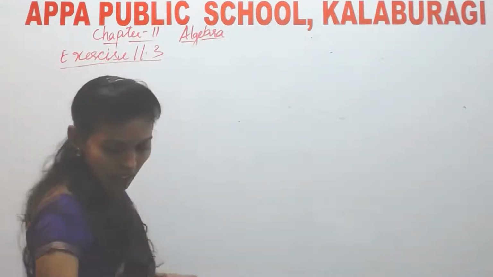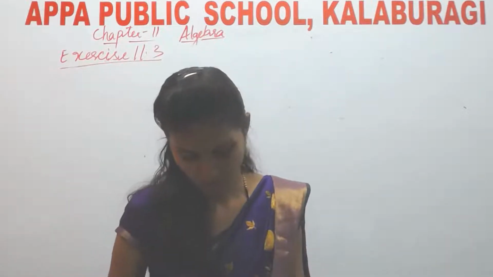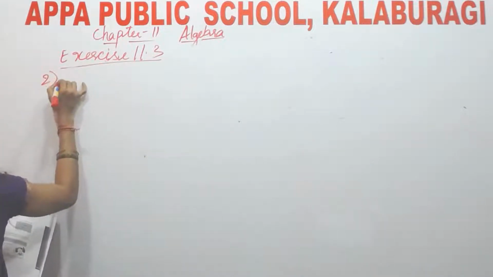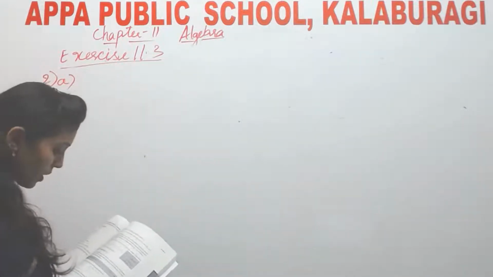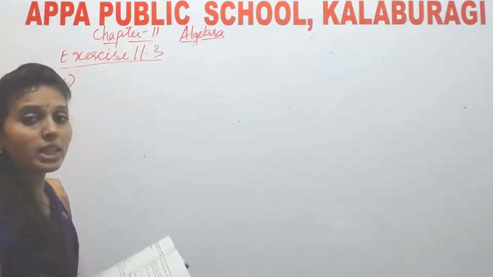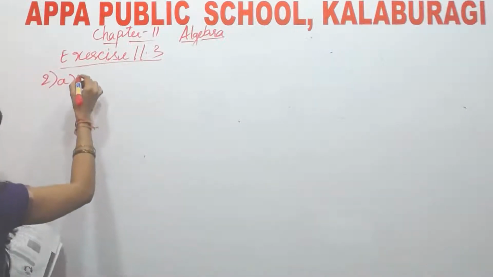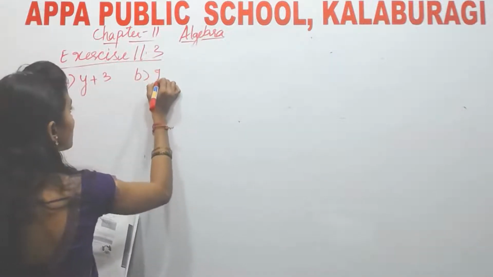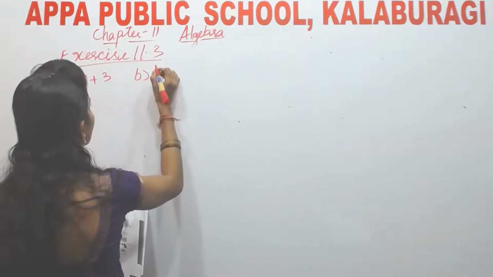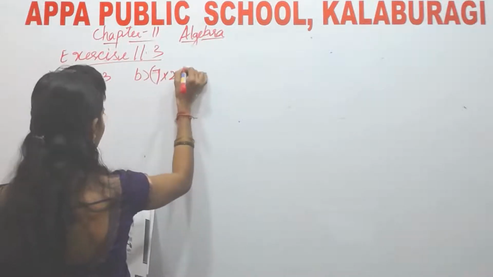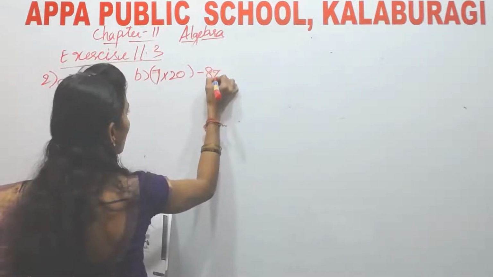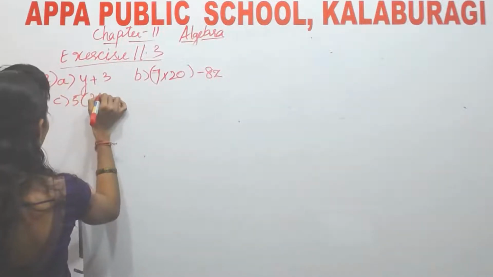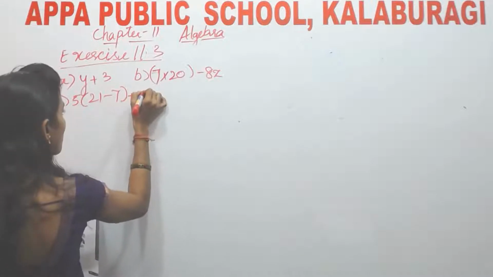Second one, let me write it on the board. They said: which of the following are expressions with numbers only? A, Y plus 3. B, 7 into 20 minus 8 times Z. C, 5 into 21 minus 7 plus 7 into 2.